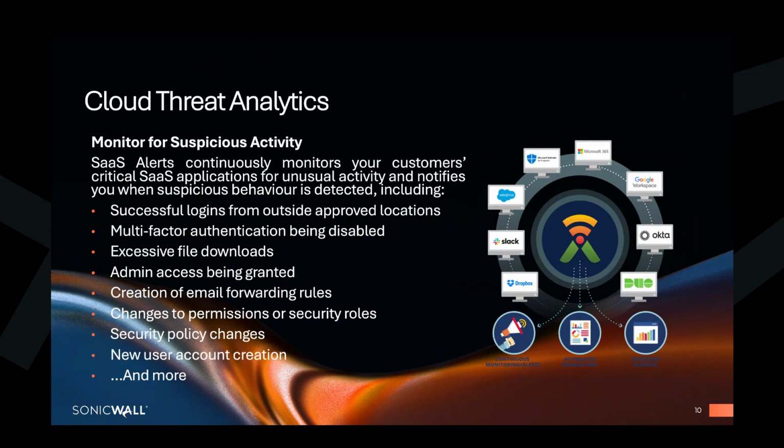Key things like email forwarding rules, rules being created that automatically forward important emails off to other mailboxes. And also changes in security policies, changes in those permissions so that users can create rules and access data that they shouldn't be able to.